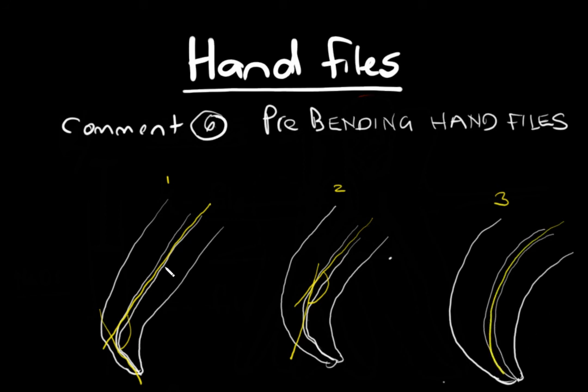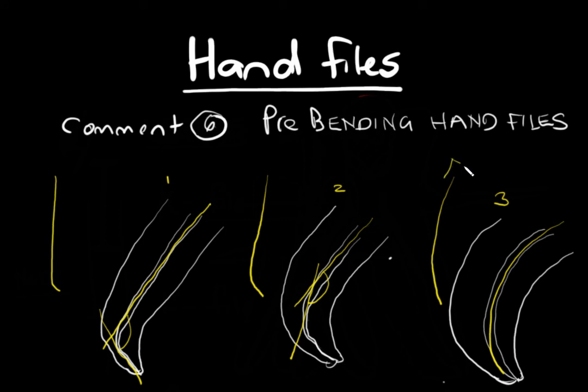So the pre-bent hand file for number 1 would more than likely be in the last 1 millimeter, just like that. Probably the second one would be a little bit more gradual, so it'll be the last 2 millimeters, something like that. The third would be literally, the hand file would be curved like that.